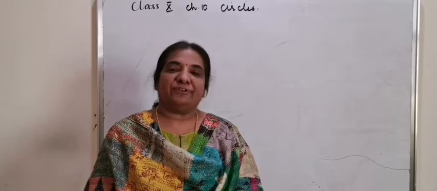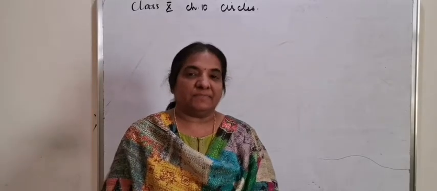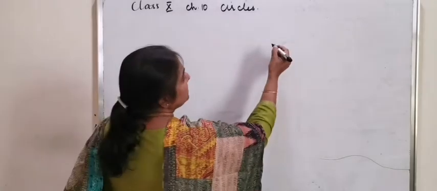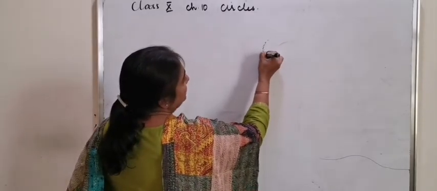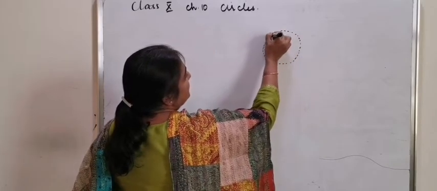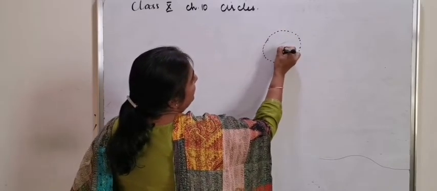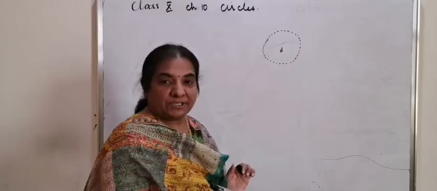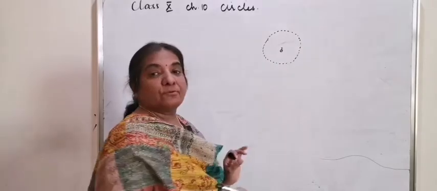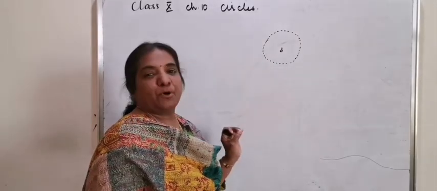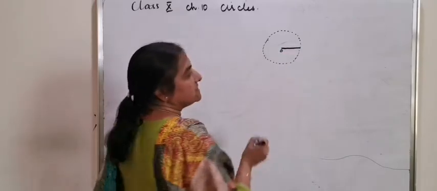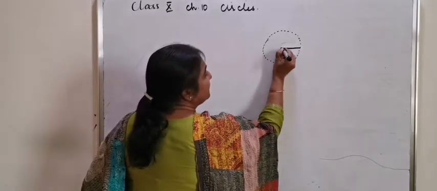What is the definition of a circle? A circle is a closed figure whose each point is at a constant distance from a fixed point. That is, a closed figure in which each point is at a constant distance from a fixed point.